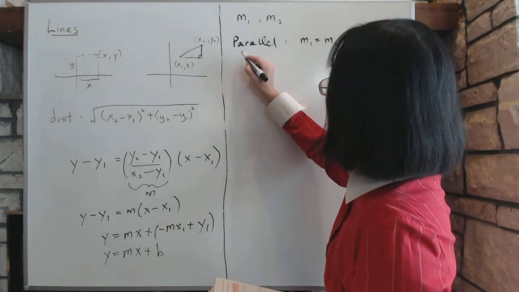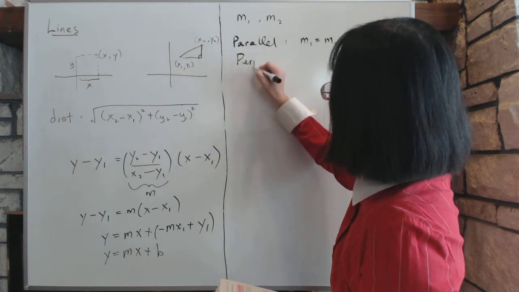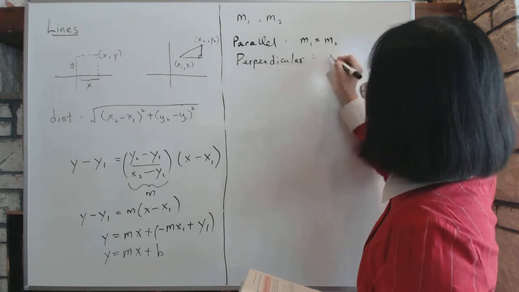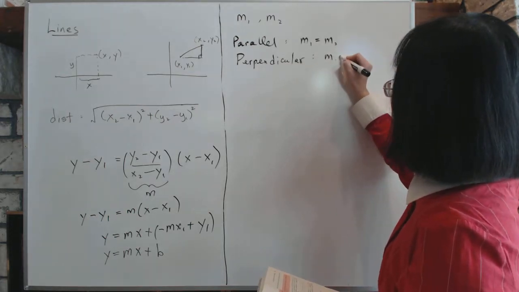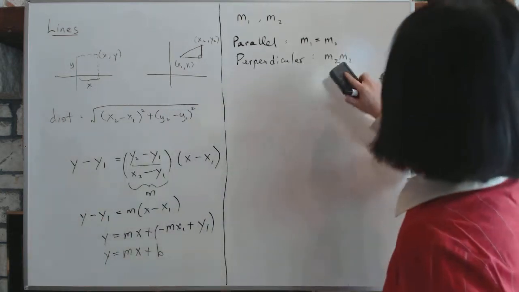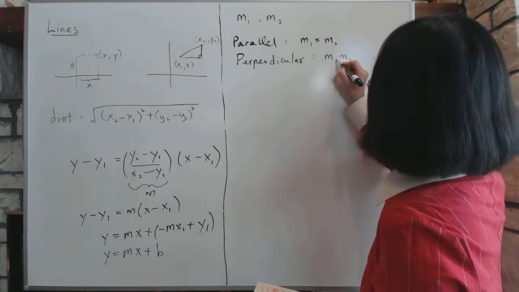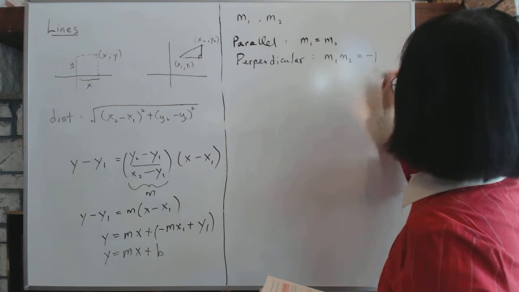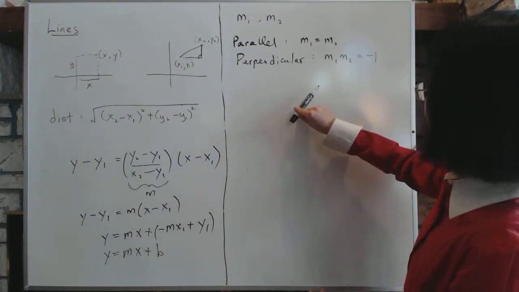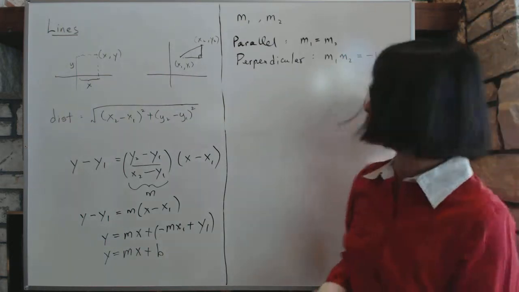If, on the other hand, m1 times m2 is equal to -1, so the two slopes multiply to be -1, then the lines have to be perpendicular.